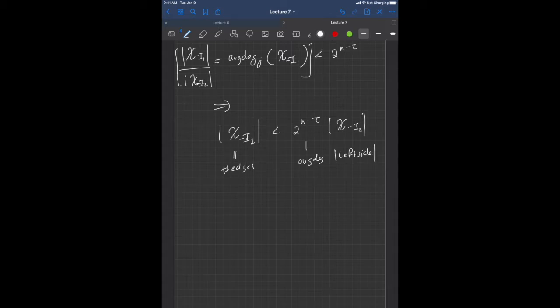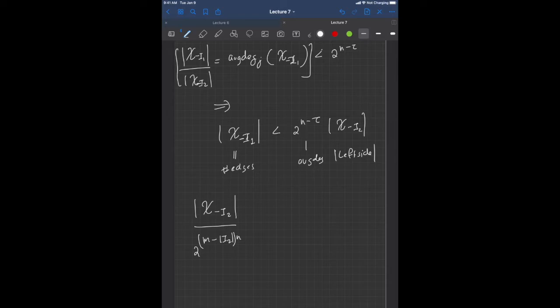If you wanted some more intuition into that calculation. So now we are trying to prove the invariant. What are we trying to understand? We are trying to understand the cardinality of x minus I2 with respect to 2 to the m minus the cardinality of I2 times n.